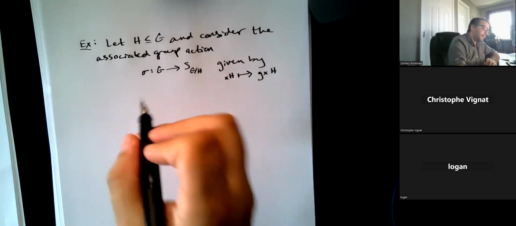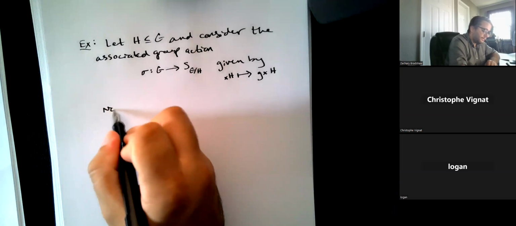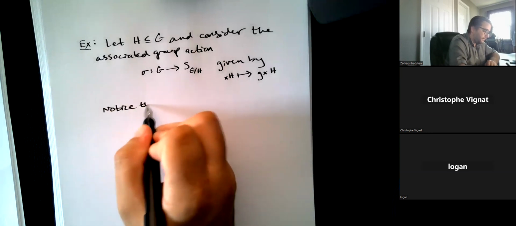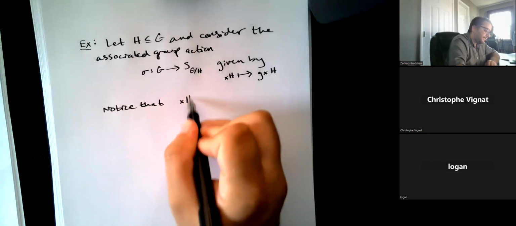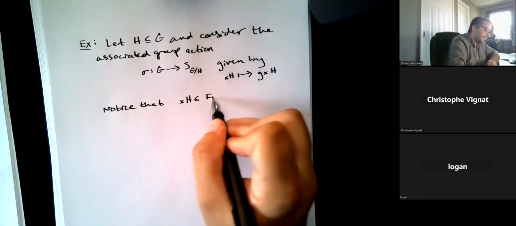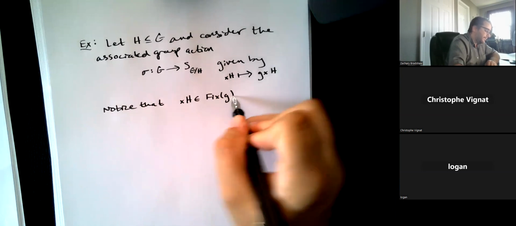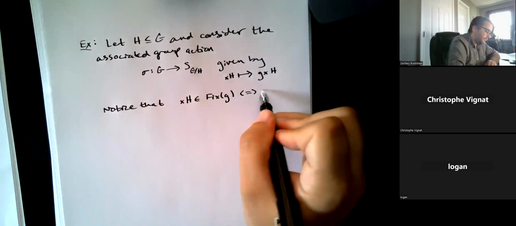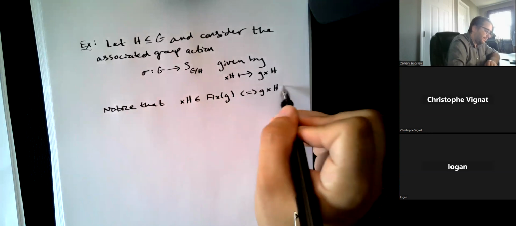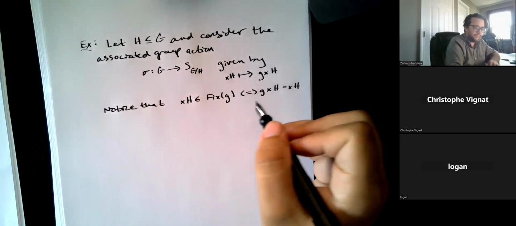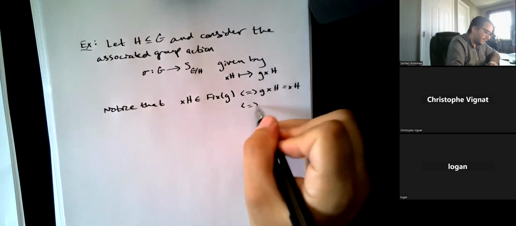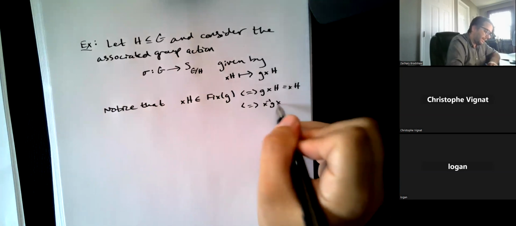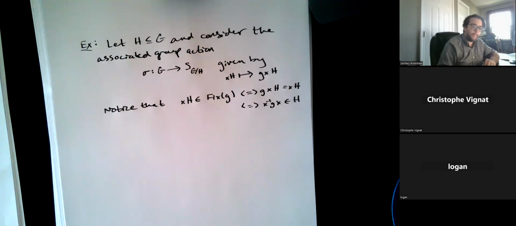Okay, so notice that xH is fixed by g if and only if gxH is equal to xH, by definition, if and only if x inverse g x is an element of H.